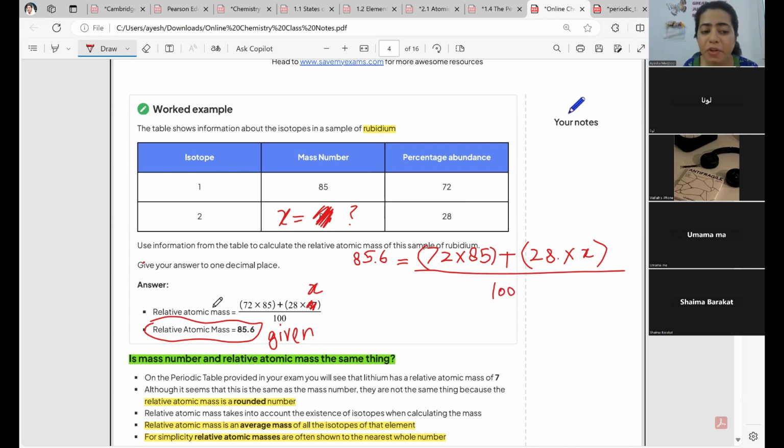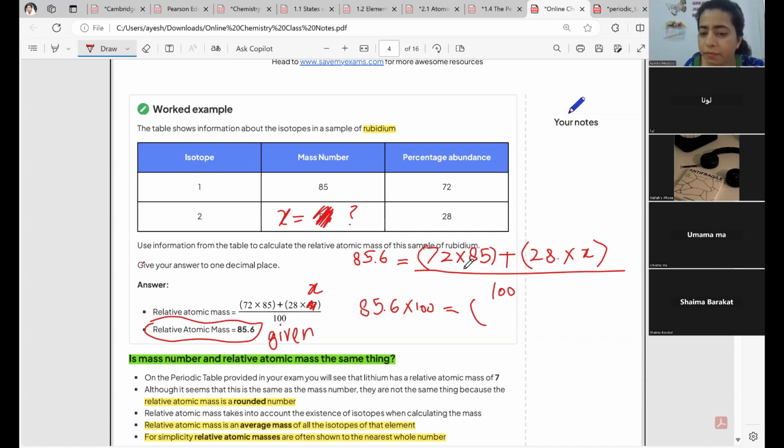In place of relative atomic mass, you write the number, and in place of this, just write an X and do the same calculation. Rearrange it. This 100 will go on the other side and multiply. 85.6 multiplied by 100 will be equal to 72 times 85. Use the calculator.